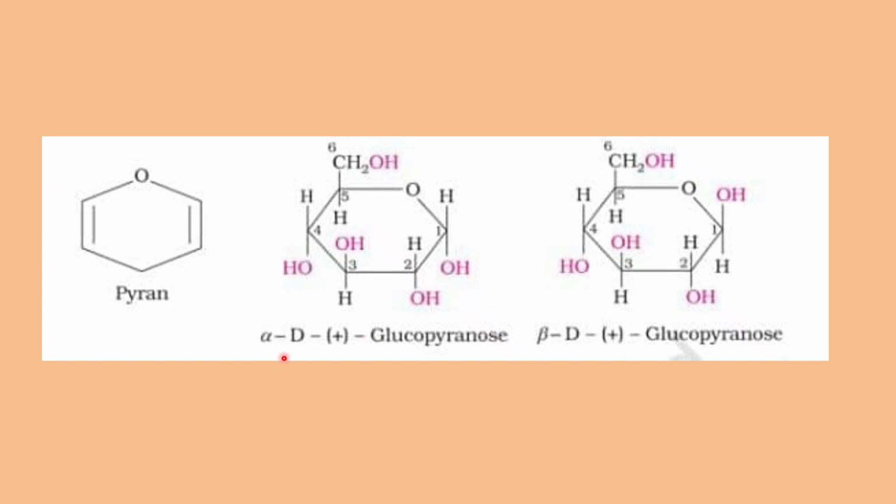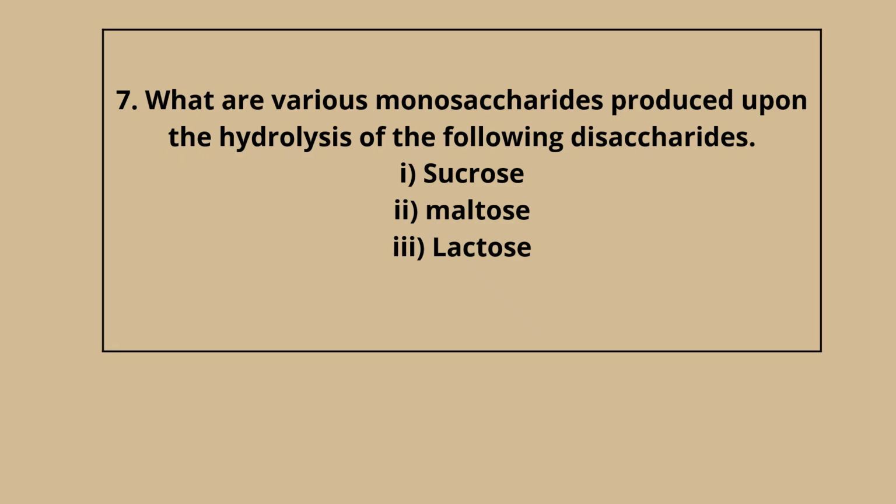You can see that in alpha D glucopyranose and beta D glucopyranose there is just one change: in one, hydrogen is placed on the first carbon on the top side, and in the other, hydrogen is placed at the bottom. This is the little difference between alpha D glucose and beta D glucose, and both these structures resemble the molecule pyran, so it is known as the glucopyranose structure.